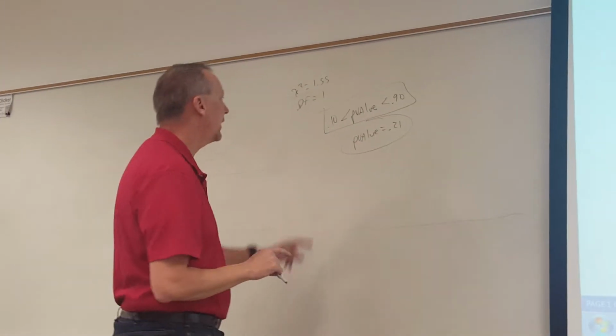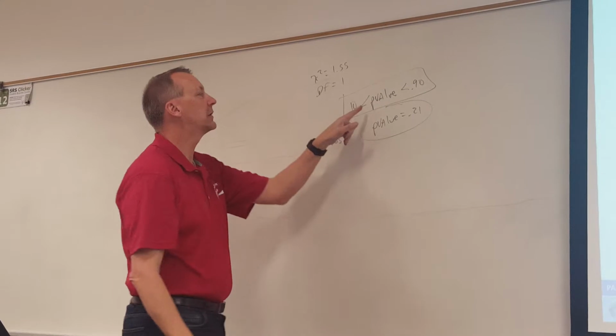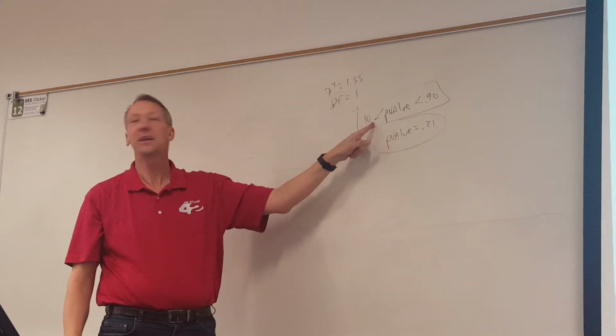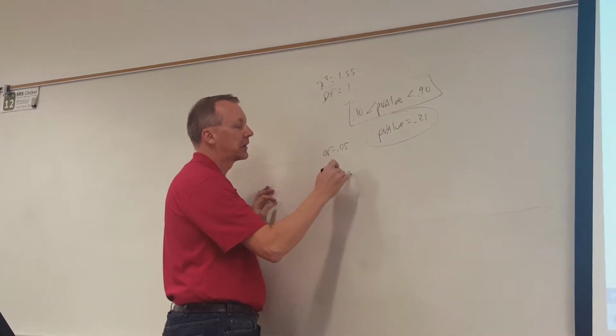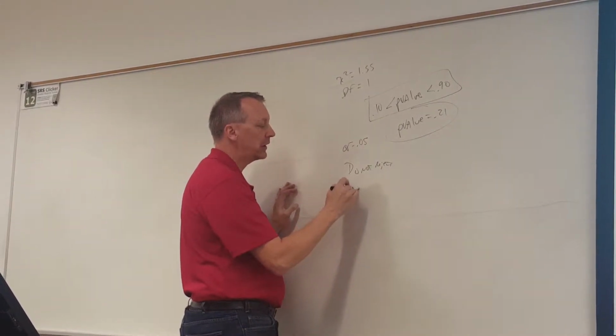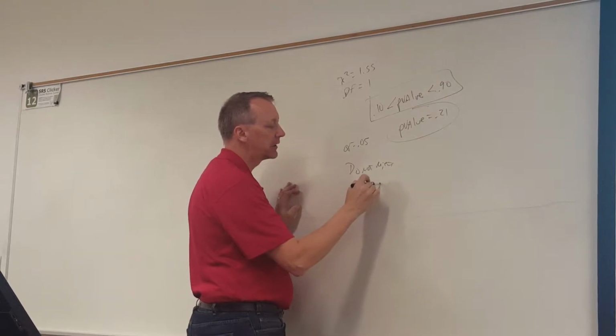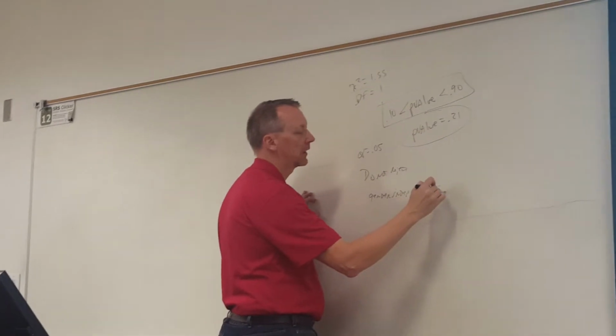But in either case, if your alpha is 0.05, you can still compare 0.10 to 0.05. That's still going to say do not reject, which means that gender is independent of admission.